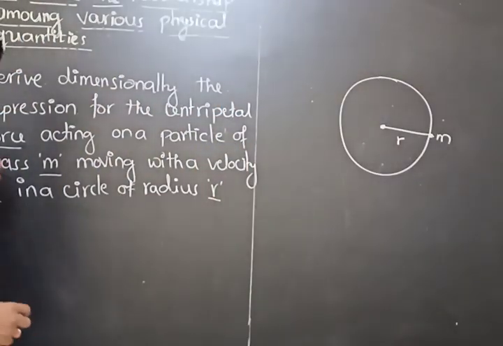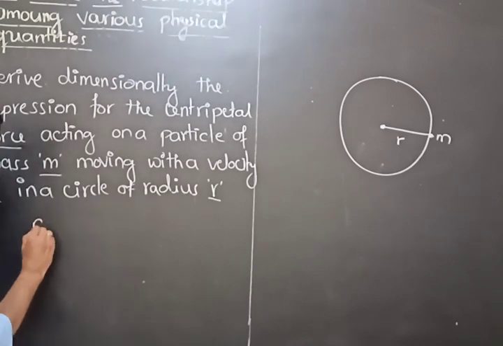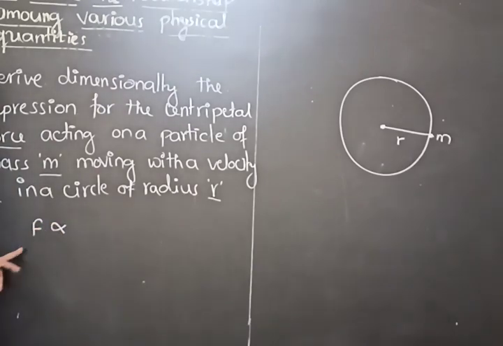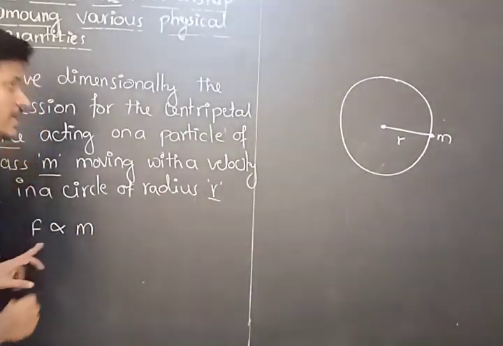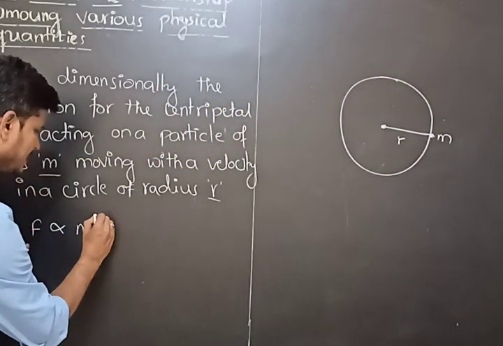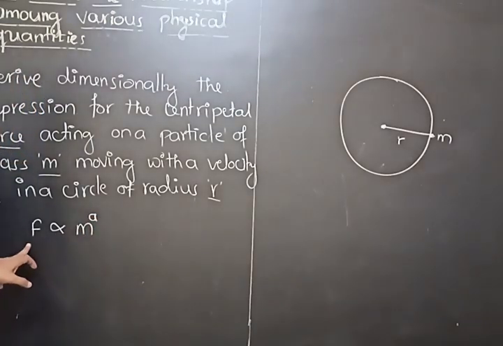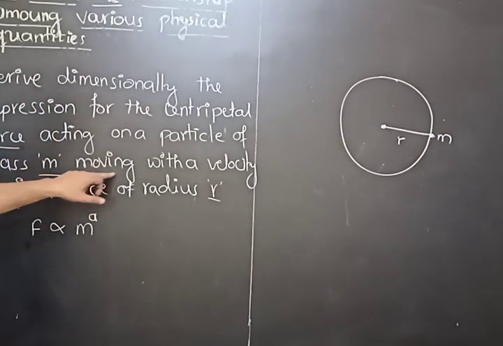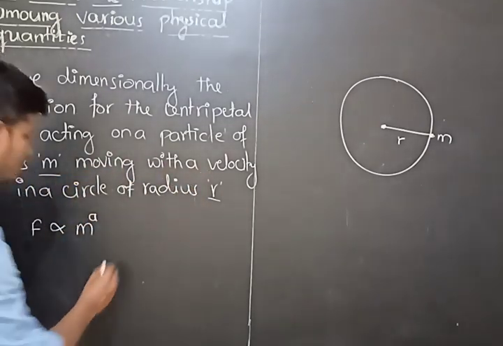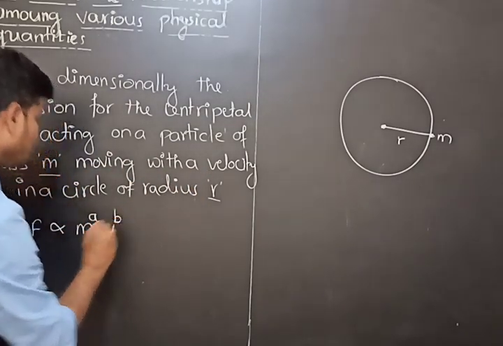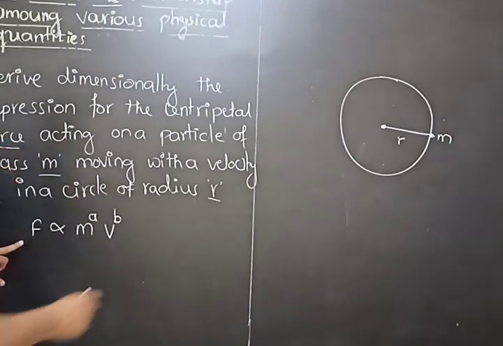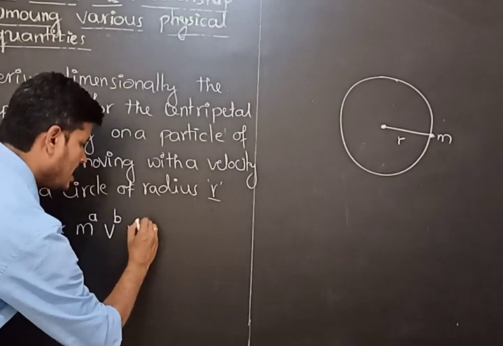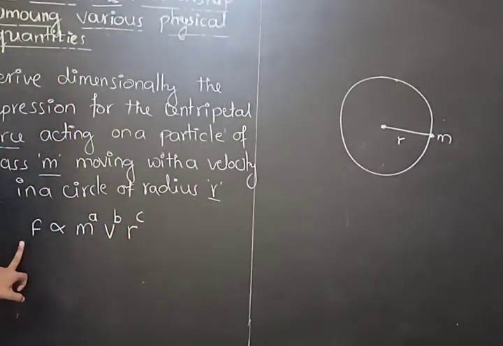First, this force depends on the mass of the particle, that is m raised to a. Next, the force depends on the velocity v raised to b. And next, the force depends on the radius r raised to c.